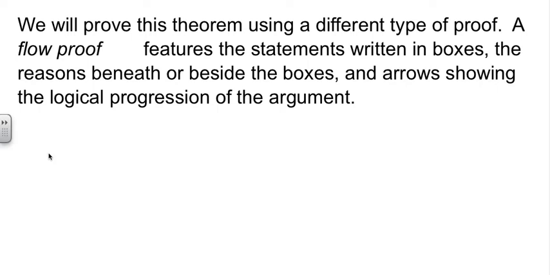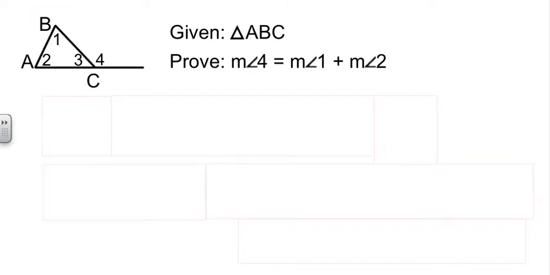We put our statements inside boxes, and then we put the reasons outside the box, usually beneath it or beside it. And then we draw arrows to show how things are connecting together. Sounds a little funky. It is a little funky. But you'll see what it looks like here on the next page.